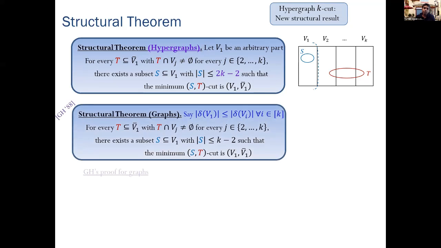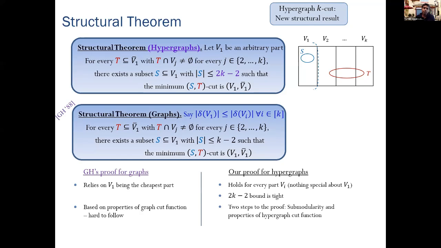There is a structural theorem for graphs which closely resembles this one. Let me contrast our structural theorem with the one known for graphs. The structural theorem for graphs was shown by Goldschmidt and Hochbaum. Their structural theorem crucially requires that V1 is the part with cheapest cut value.